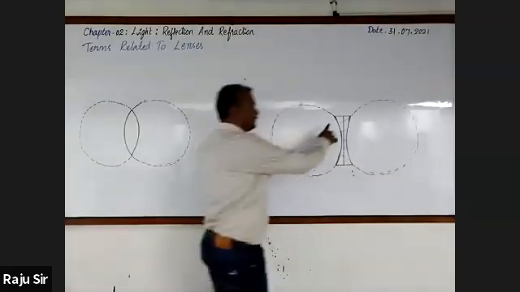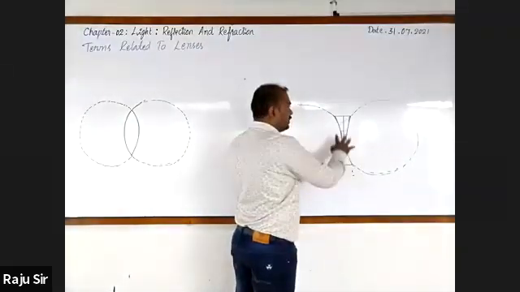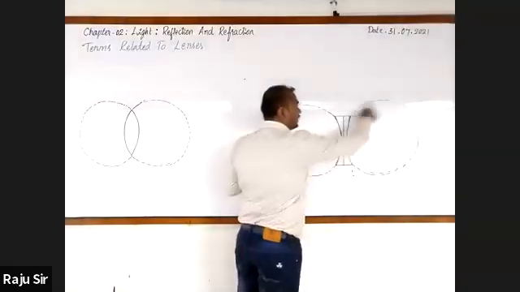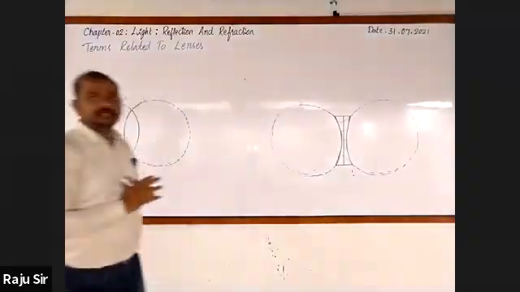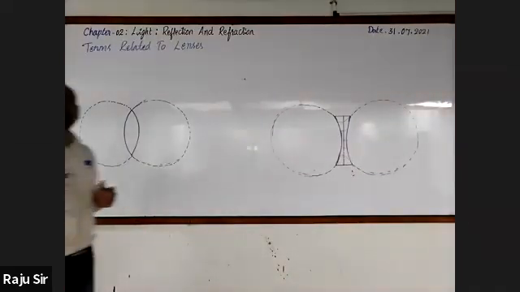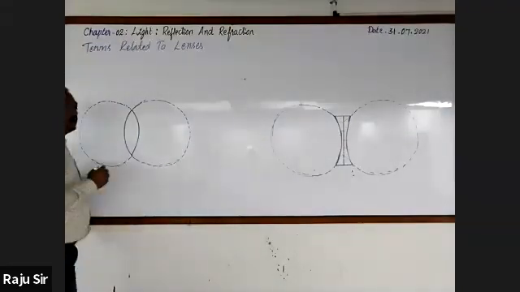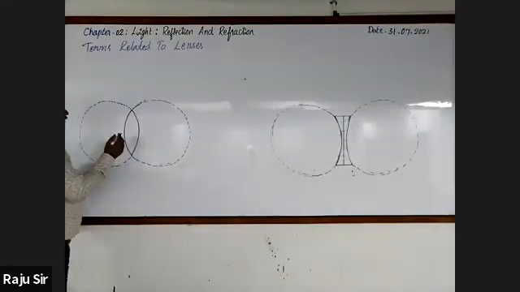The refracting surfaces of a concave lens are also parts of two imaginary spheres. In general, a lens is a part of two imaginary spheres. Just remember that.